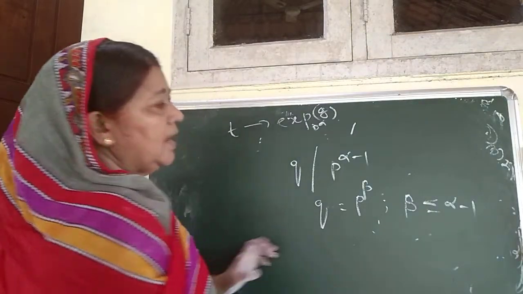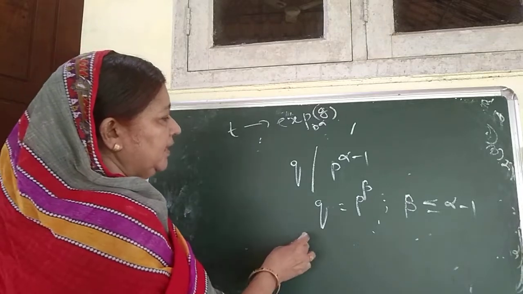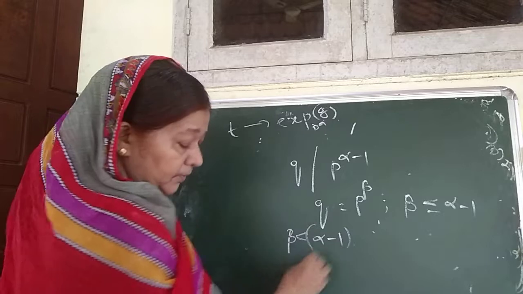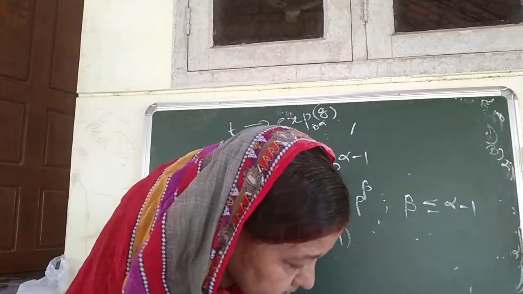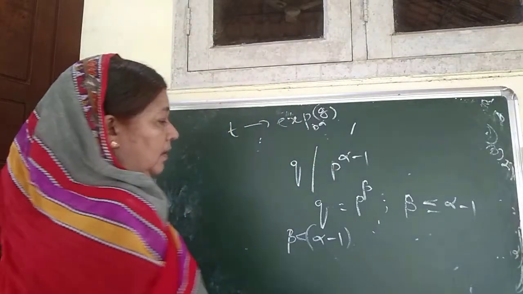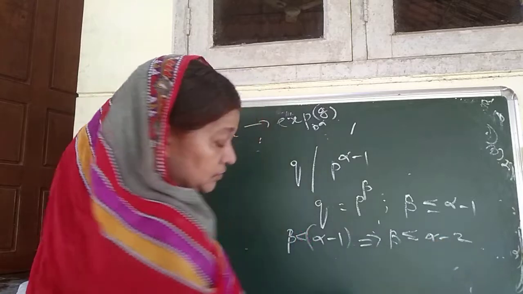If beta equals alpha minus 1, the theorem is completed. Therefore, if beta is less than alpha minus 1, we know beta is less than or equal to alpha minus 2.